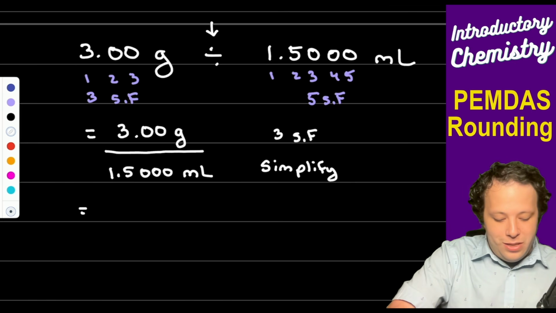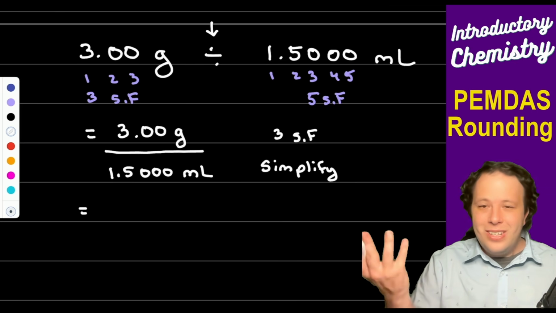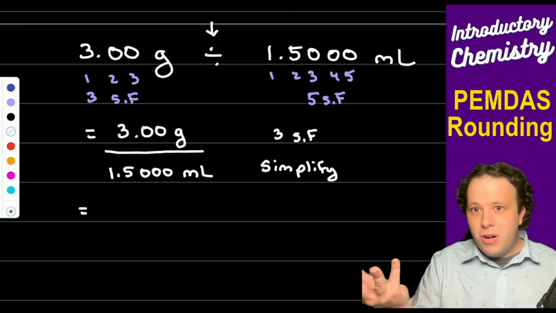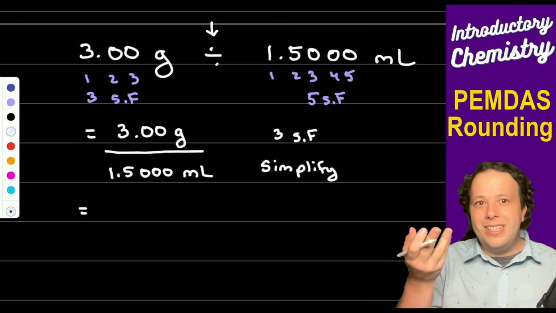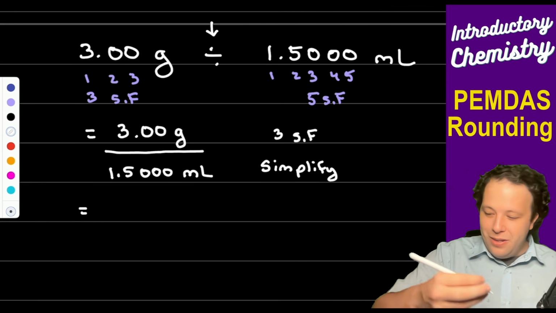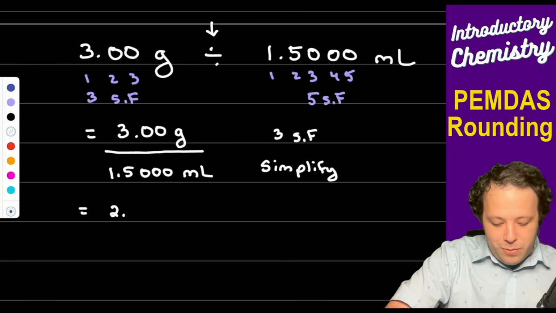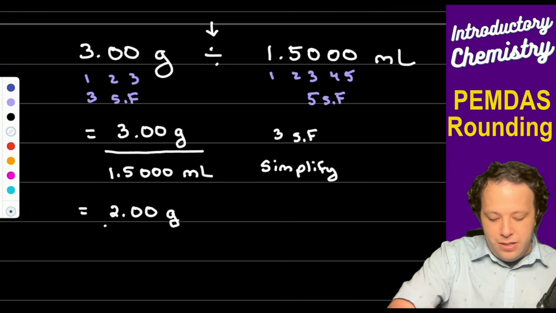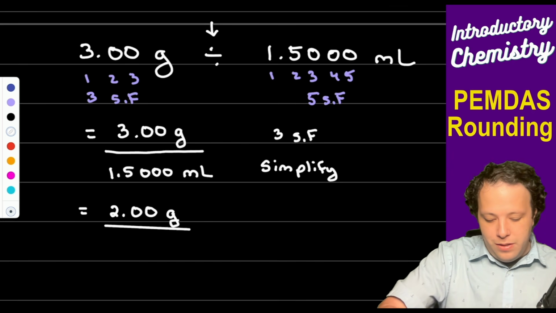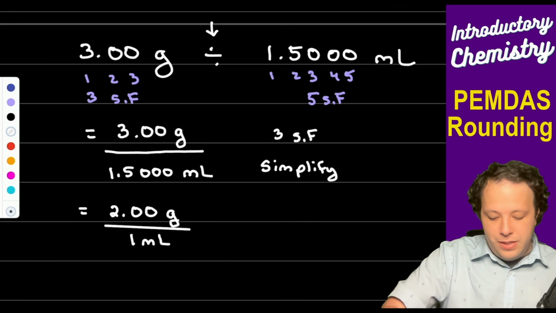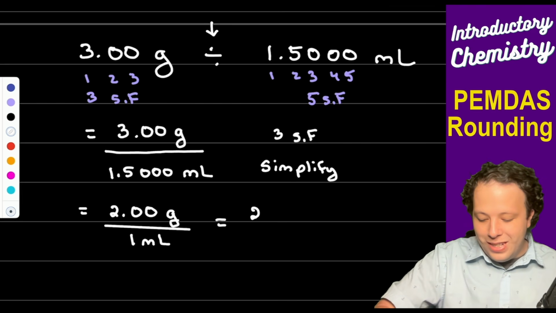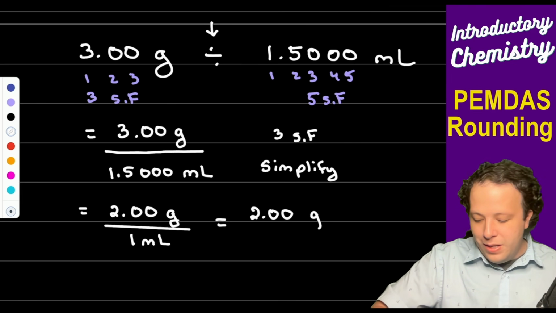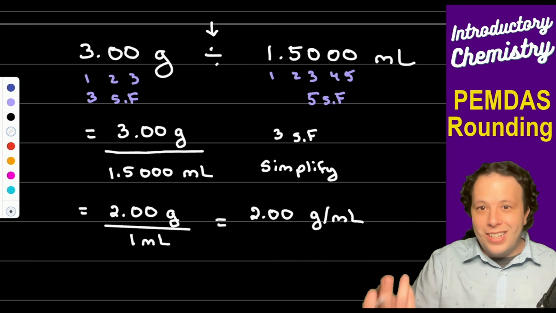So 3 divided by 1.5, and you can think, oh, that's just 2. But we need to make sure we put it as 3 sig figs. So it would be 2.00, and that would be grams all over 1 milliliter. Or the way you can also show that is 2.00 grams over milliliters, written sideways like that.